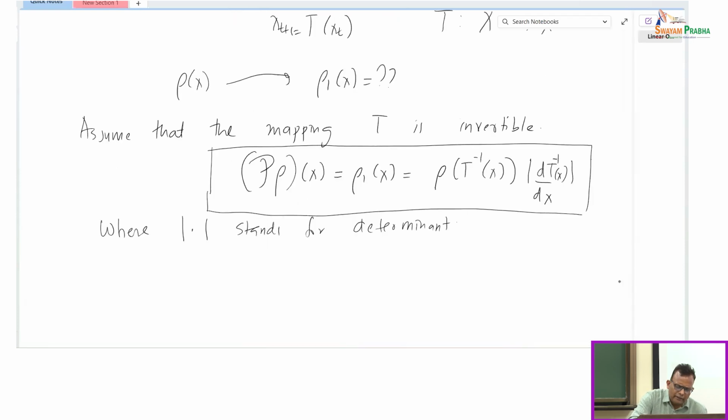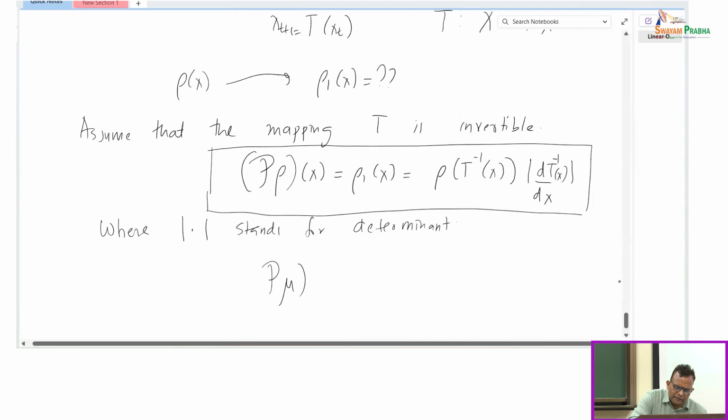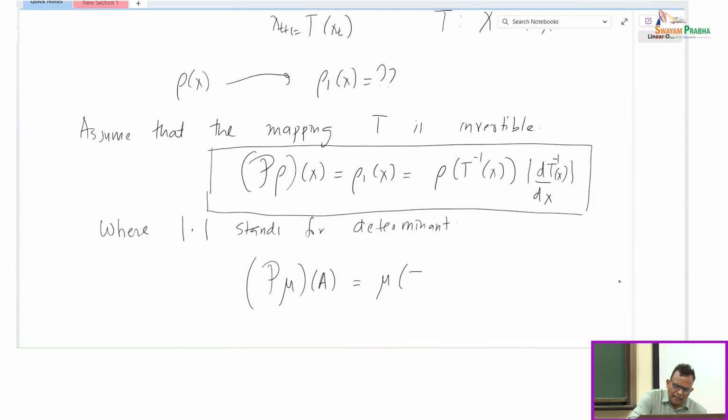just for the sake of completeness, on the space of measures, this mu is a measure, A is a set. On the space of measures, this could be defined as follows. The reason I'm writing this, although many of you will be familiar with this, is that you see what is happening now. On a space of measures, look at this operator, and then try to connect it with the Koopman operator.